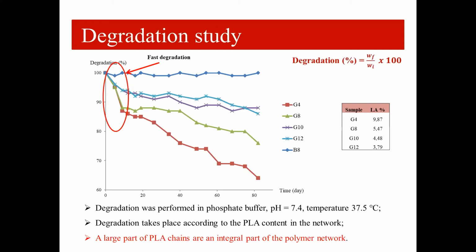The hydrogels with the highest polylactide amount have the highest degradation rate. Taking into account the amount of polylactide in each sample presented in the table, it is noted that the amount of lost hydrogel weight is higher than the polylactide content. We may assume that polylactide chains are an integral part of the polymer network.